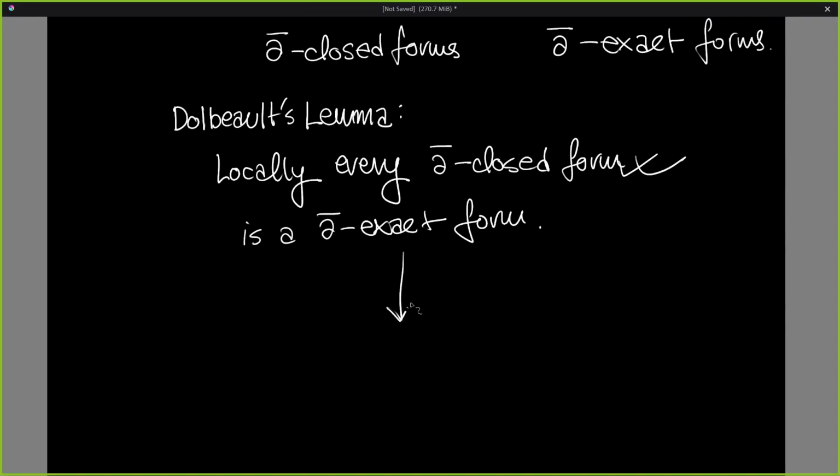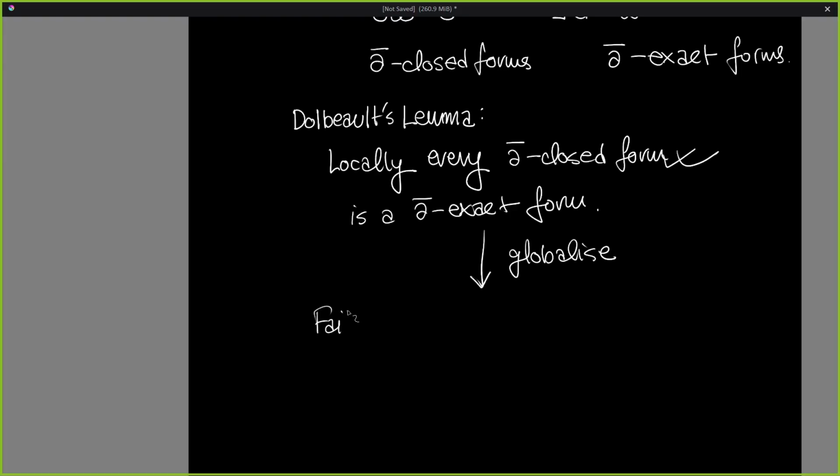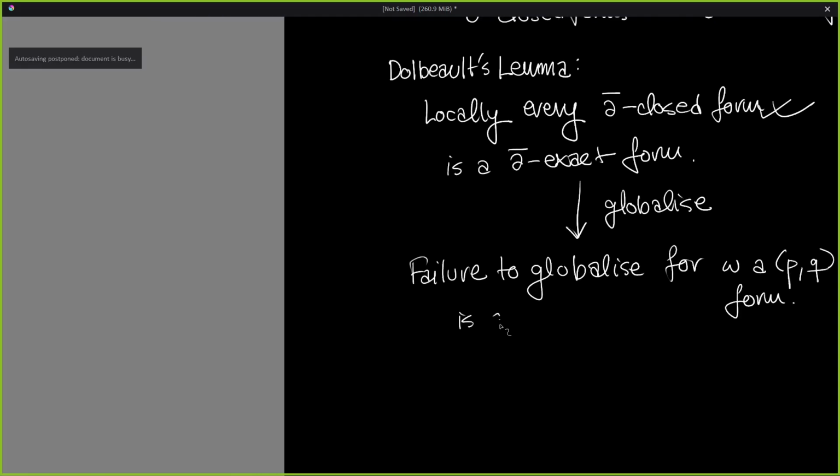So when we try to promote it to a global solution, globalize it, the failure to globalize it for omega a PQ form is a holomorphic obstruction.